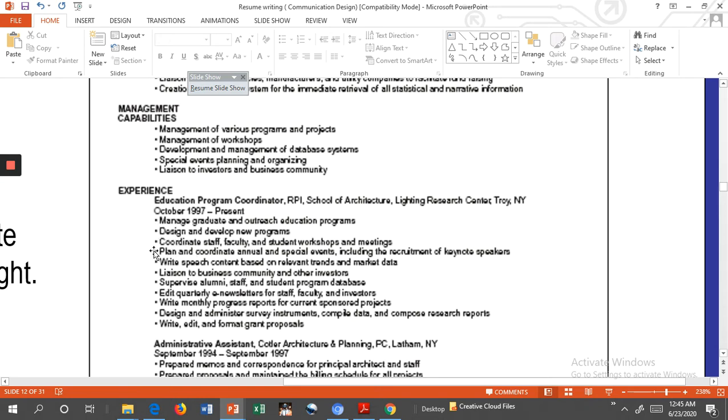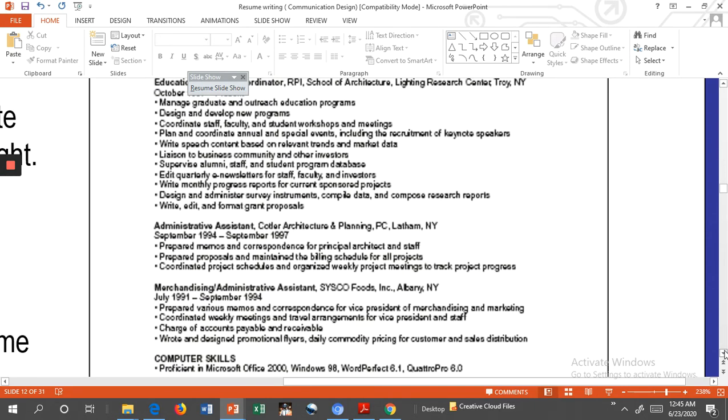All of them are action verbs, and they are in the first form because this indicates that the candidate is still on the job. Whereas when you're mentioning your previous experiences, you've got to mention the designation, you have to mention the dates, and you are going to use the past tense.